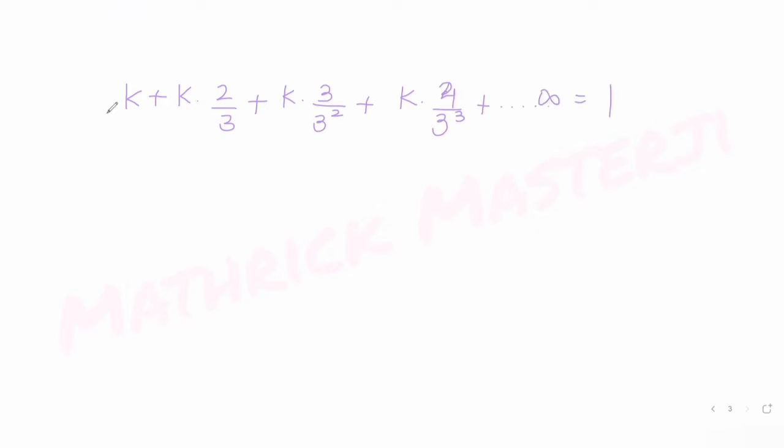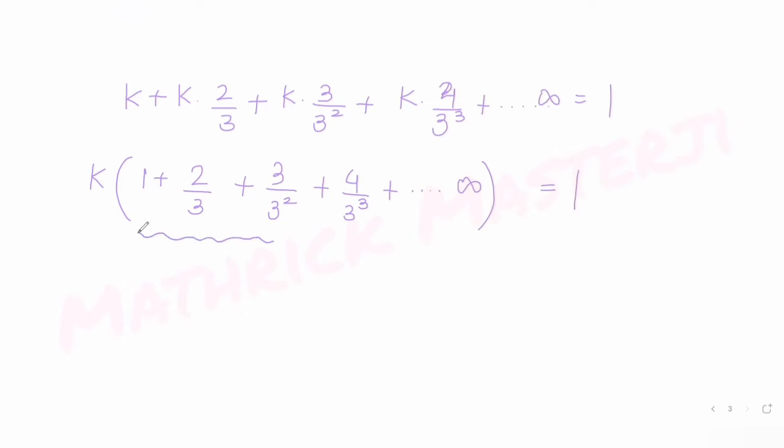Taking k common gives 1 plus 2 over 3 plus 3 over 3 square plus 4 over 3 cube till infinity, which is equal to 1. Let this entire bracket be the sum S. So S = 1 + 2/3 + 3/3 square + 4/3 cube.